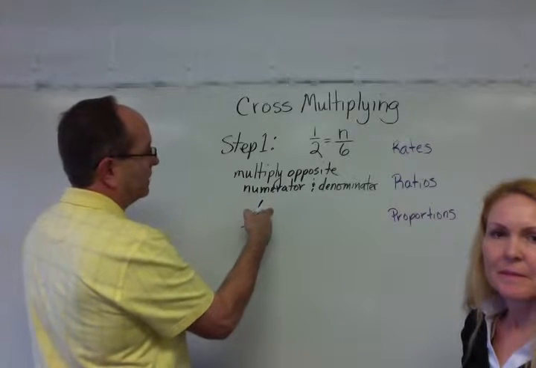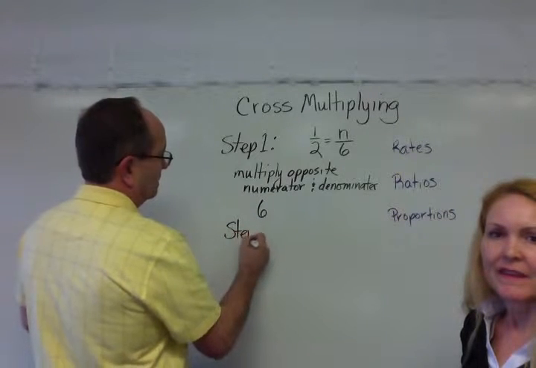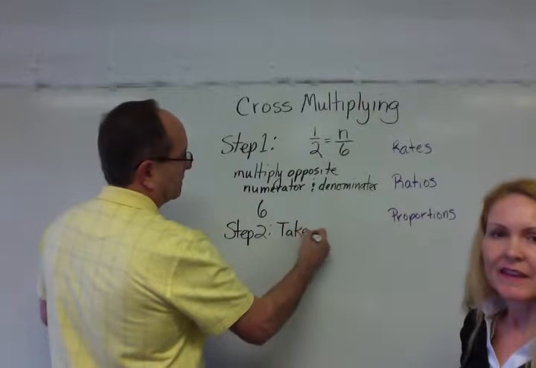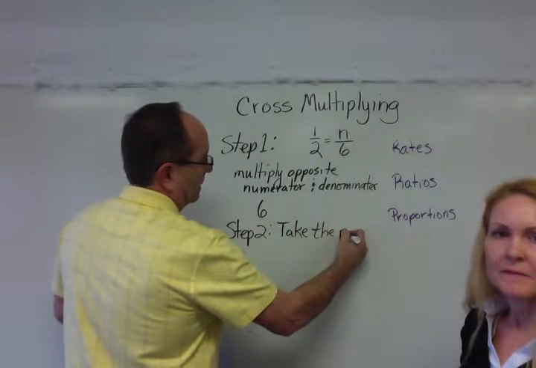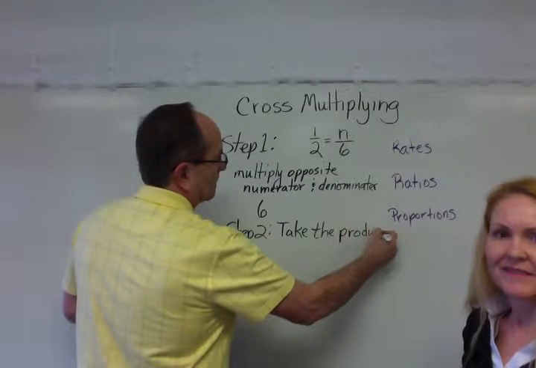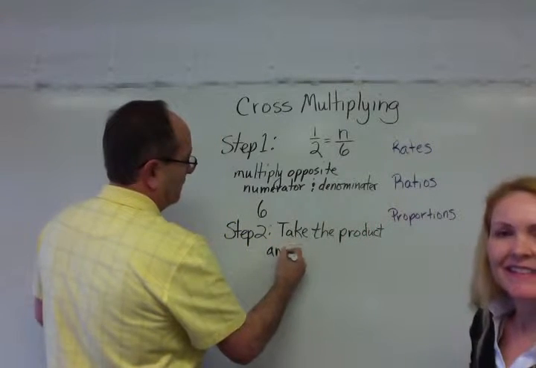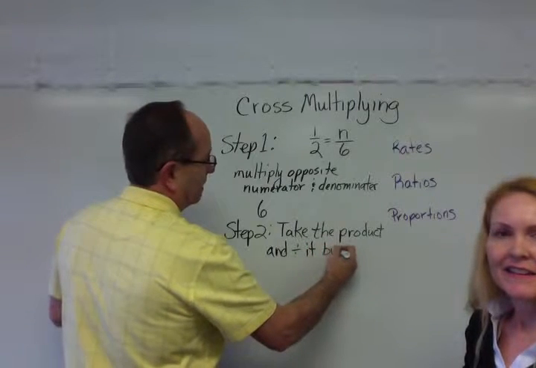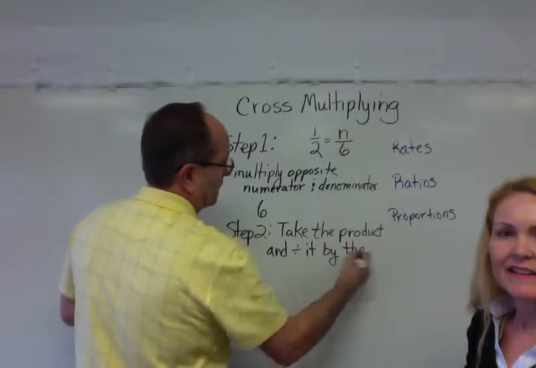Now, what am I going to do with that 6 is step 2. And that is taking that product, which is 6 in this case, and divide it by the third number available.